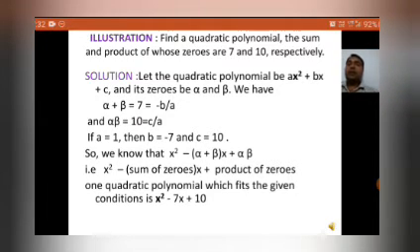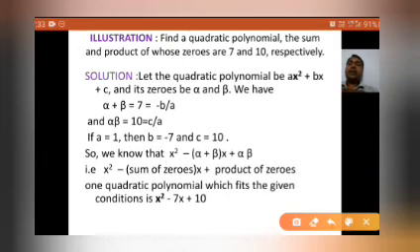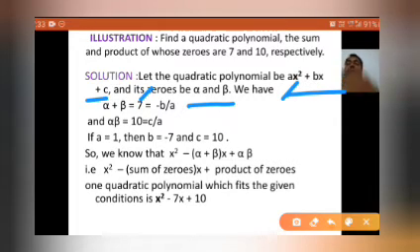Now let us consider a quadratic polynomial in general form ax square plus bx plus c, whose zeros are alpha and beta. According to the question, alpha plus beta is equal to 7, and we know that the sum of zeros is equal to minus b by a.